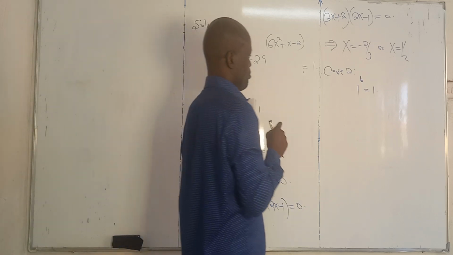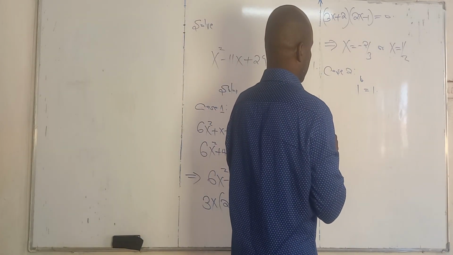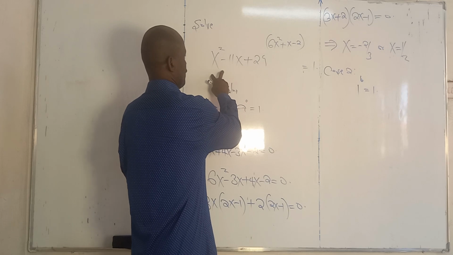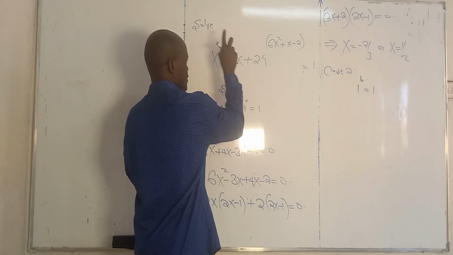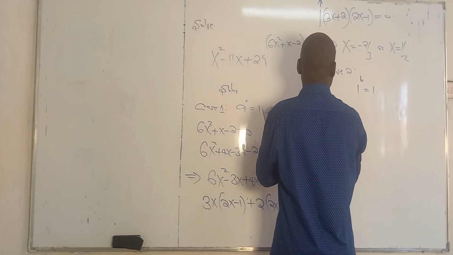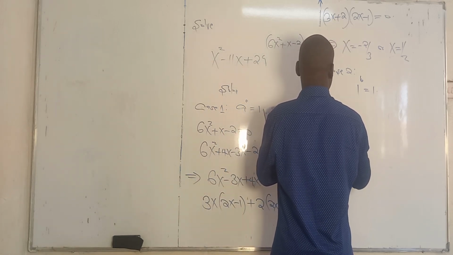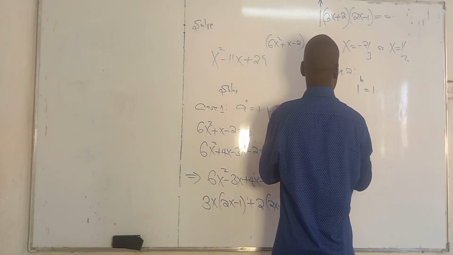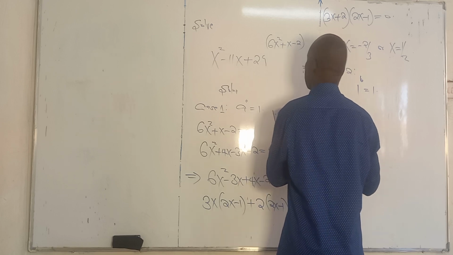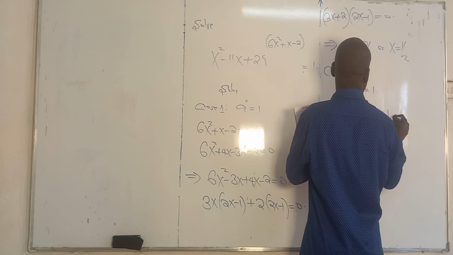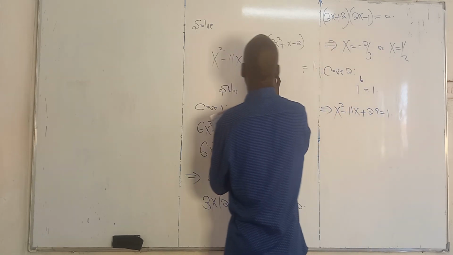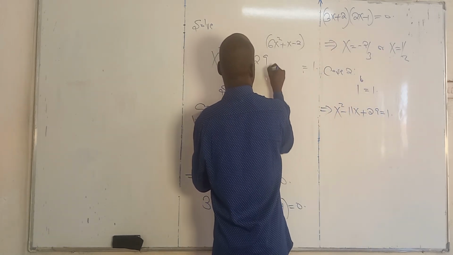That then should imply that the whole of this is 1. So this means that x squared minus 11x plus 29 is equal to 1.